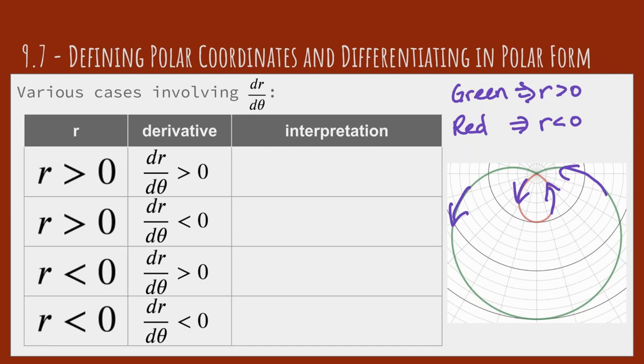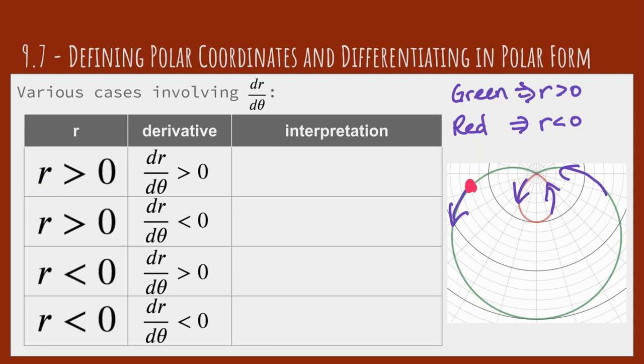Remember, dr d theta is going to tell us whether we're moving toward or away from the origin. So I'm going to find a point here where r is positive and dr d theta is positive. And that's going to be, let's say this point right here. So r is positive because it's on the green part. So this distance right here, we're going to say is positive.